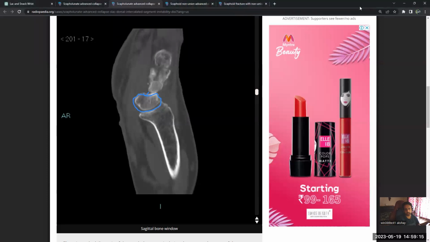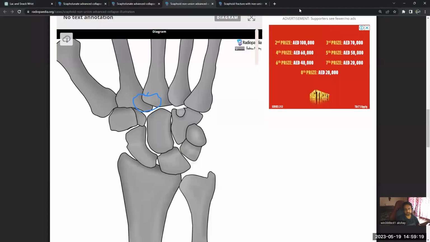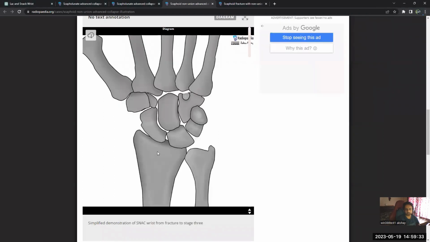And now let's see what happens in a SNAC wrist. As I said before, in a SNAC wrist, first a scaphoid fracture will happen.